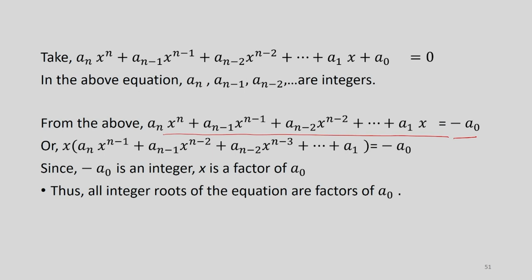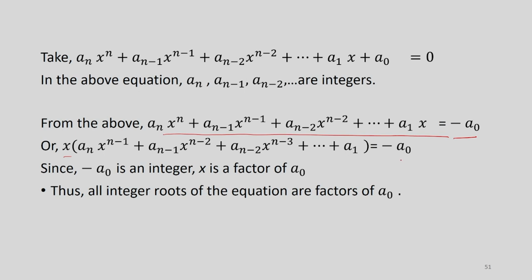an multiplied by x to the power n plus an minus 1 multiplied by x to the power n minus 1 plus an minus 2 multiplied by x to the power n minus 2 etc., etc., plus a1 x is equal to minus a0. Now, from the left hand side we can take x common, and within the brackets there will be an multiplied by x to the power n minus 1 plus dot dot dot, and the last term will be a1, and it will be equal to minus a0.